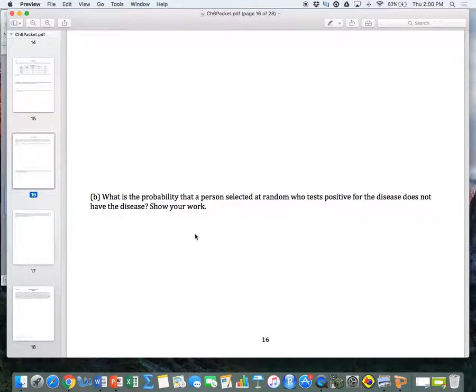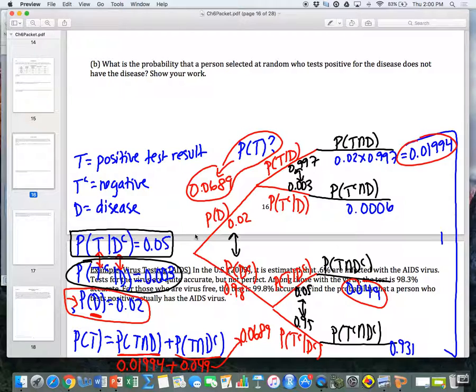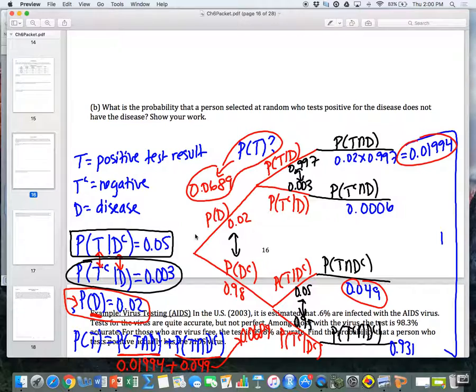Look at part B. What is the probability that a person selected at random who tests positive for the disease, given that the person tests positive, what is the probability that the person does not actually have the disease? So that's D complement.